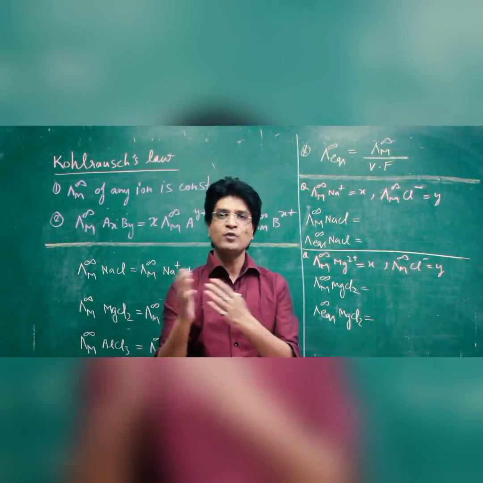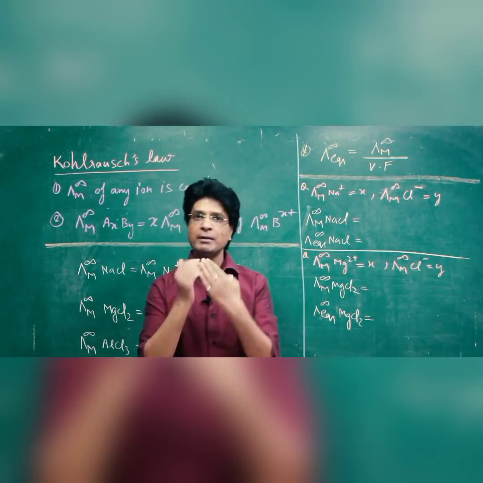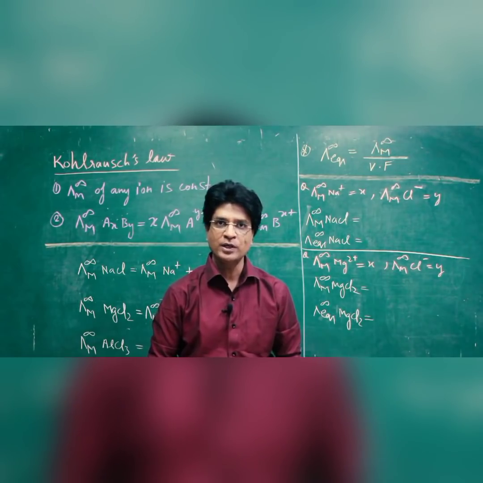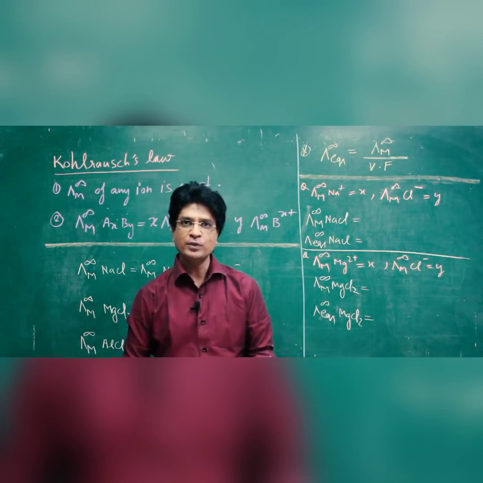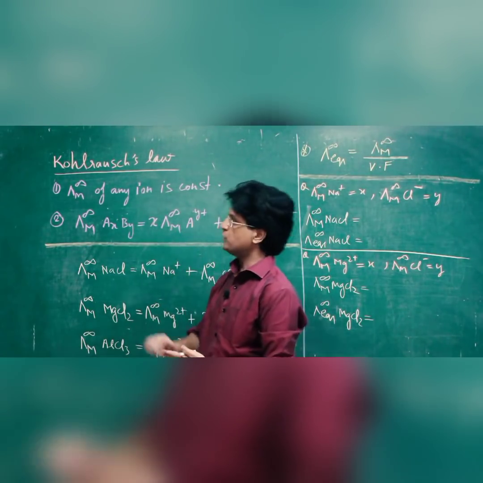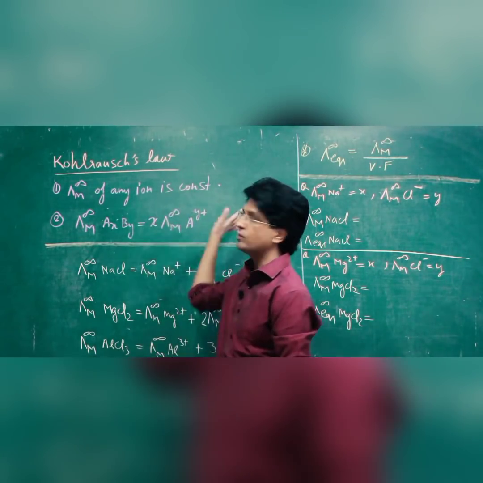So students, just now we saw that the Debye-Huckel law gives reliable results only for strong electrolytes but not for weak electrolytes. So for weak electrolytes, we have Kohlrausch law. Kohlrausch gave two statements. The first one is that the molar conductance at infinite dilution of any ion is constant.